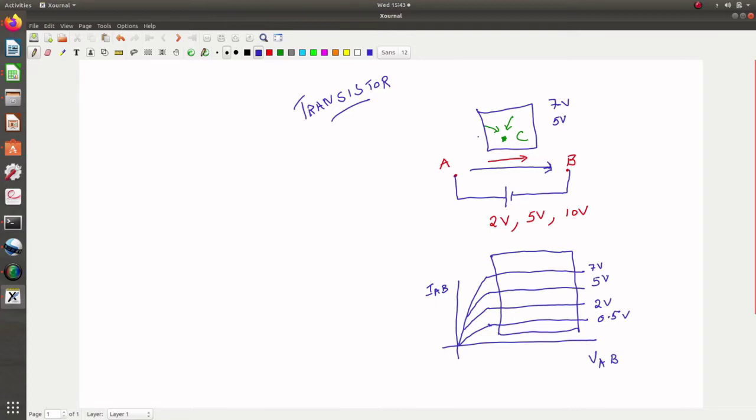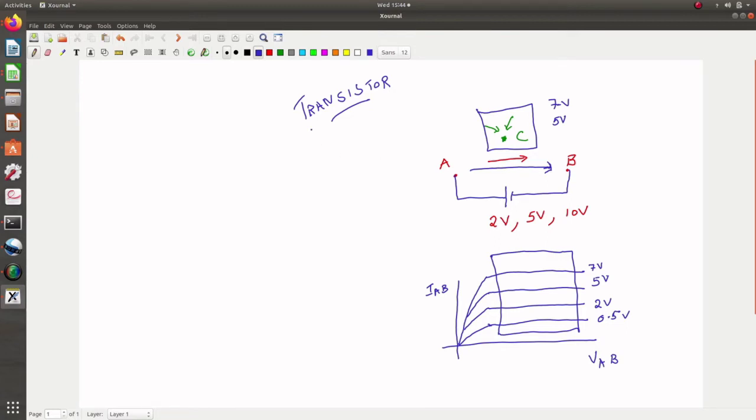Two points to remember. The current across A and B remains constant for any voltage applied across A and B, but it can be varied in two methods. One is applying a voltage at C, or injecting current at C. We'll see what the differences are.